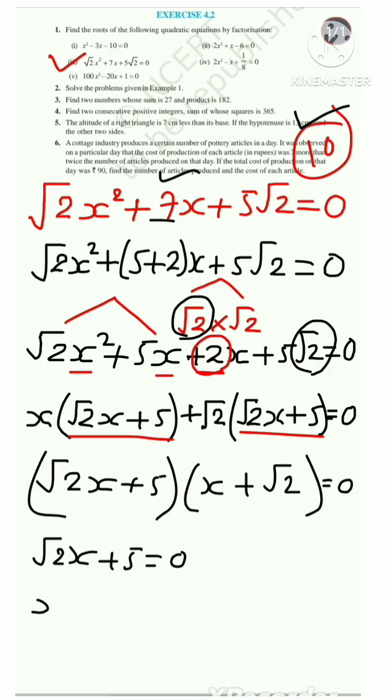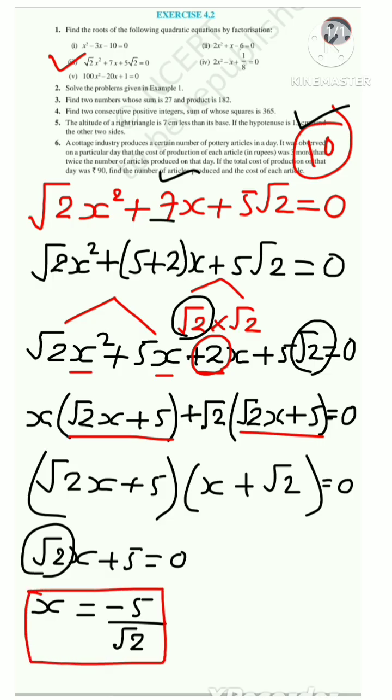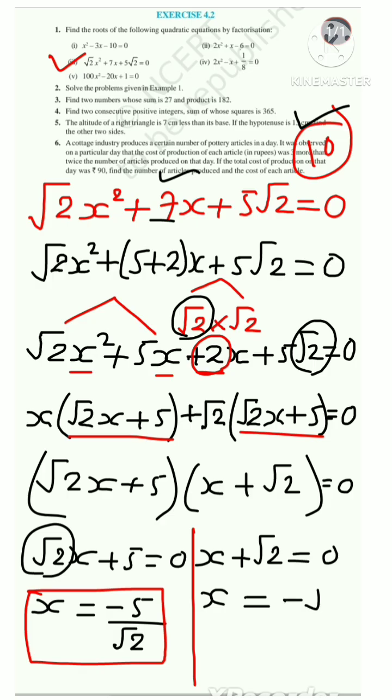So x equal to, firstly this plus 5 goes to RHS and becomes minus 5, and this root over 2 also goes to RHS over here. In this way we have obtained the first value of x, that is minus 5 by root over 2. Similarly, make x plus root over 2 equal to 0, then the value of x will be minus root over 2.